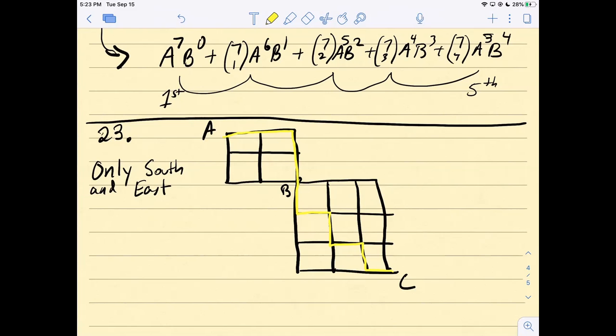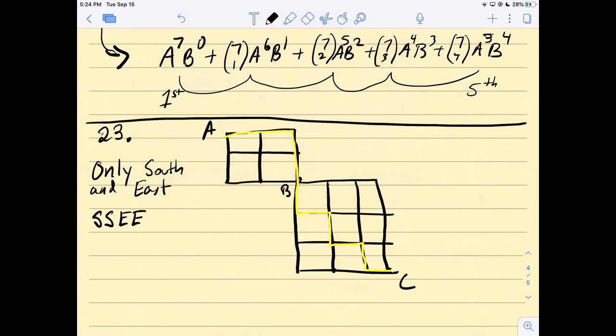Kieran, how did you count the number of ways to get from A to B? What's the insight? I saw that to get from A to B, you have to go south twice and east twice. And then I thought of the different permutations of south, south, east, east.